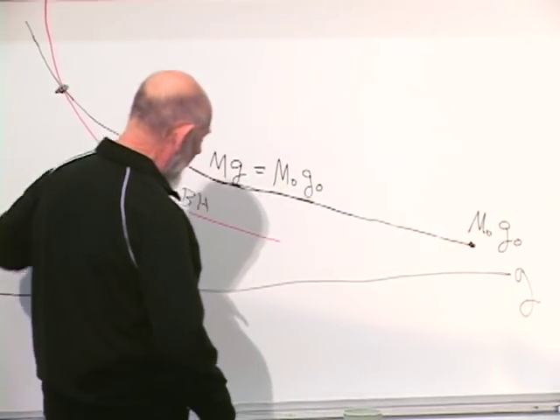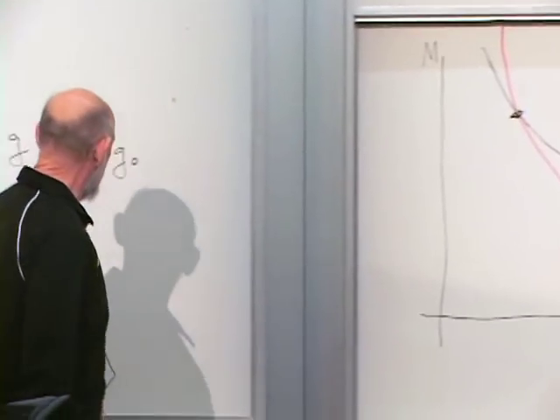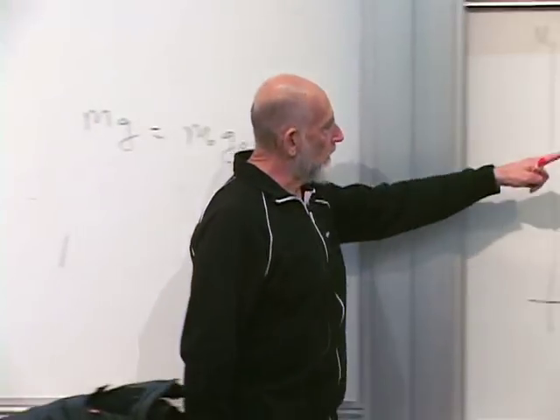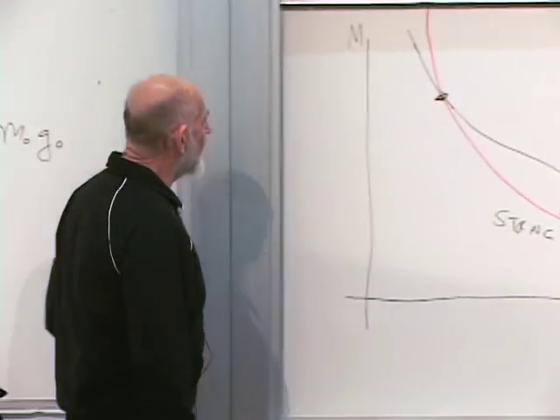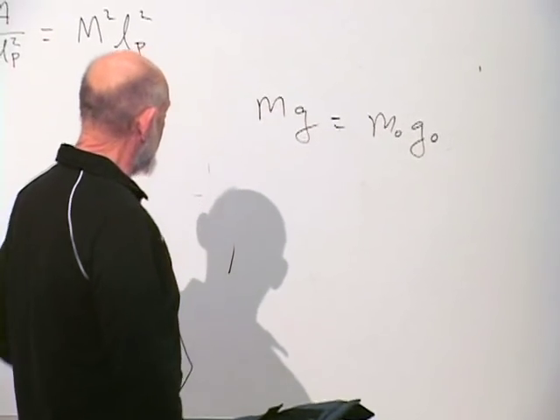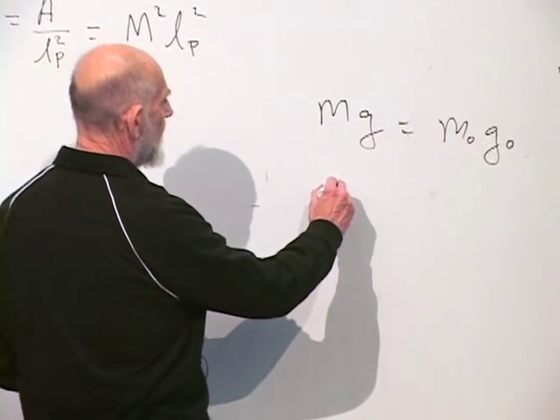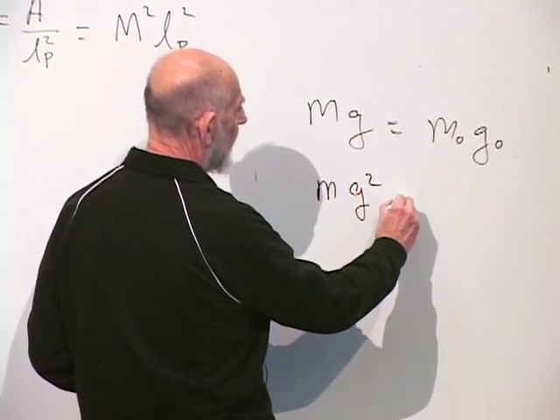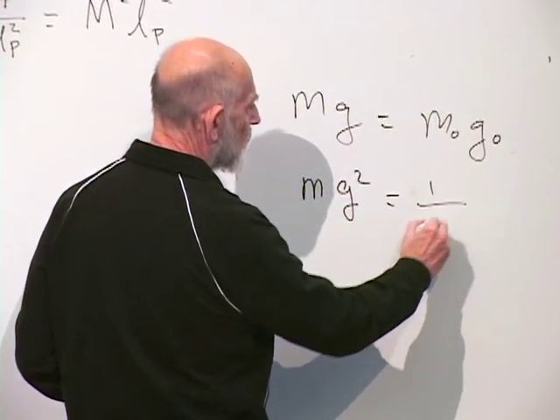And we're playing a little game which is changing it, but let's see what we find. That's one equation, for the black line. The equation for the red line, I erased it. What was it? It was m g squared equals 1 over L string, I think.